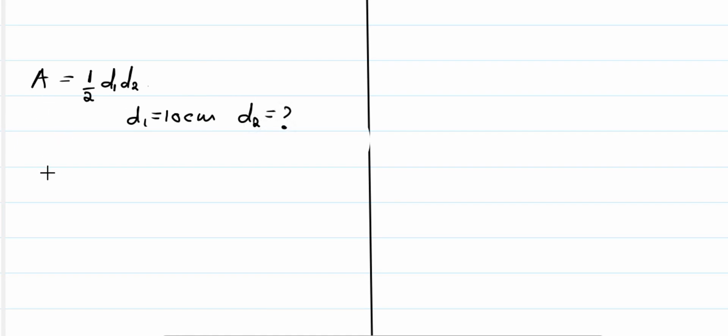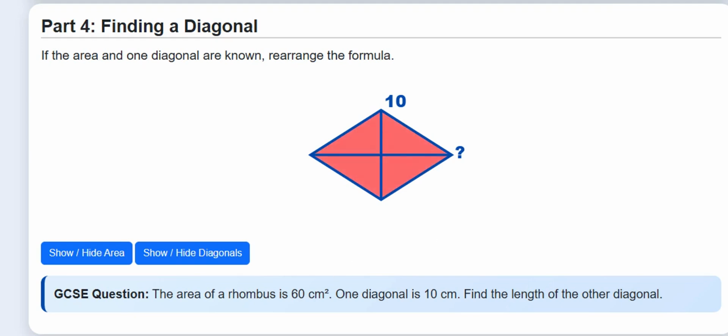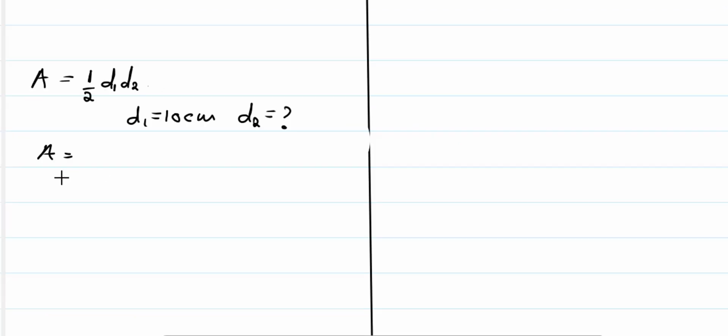That is the diagonal, but we know the area itself because the area here is 60 centimeters squared. So from there, you need to apply the formula of half d1, and d1 is 10, then multiplied by d2, which we don't know, but we already know the area.